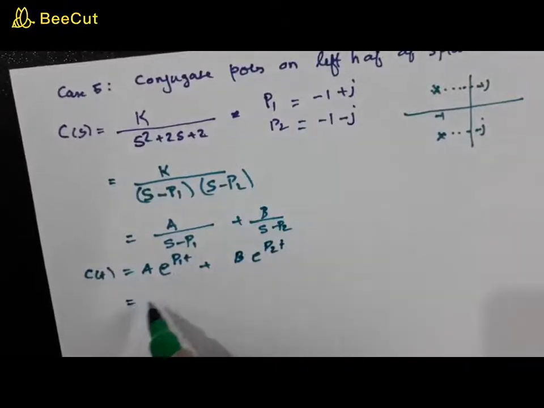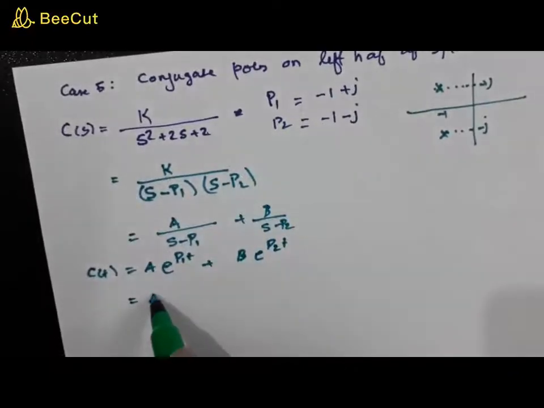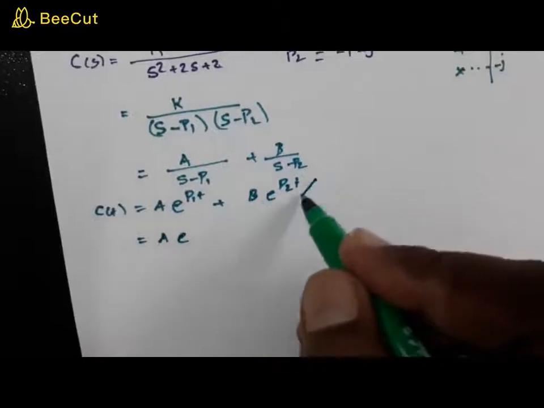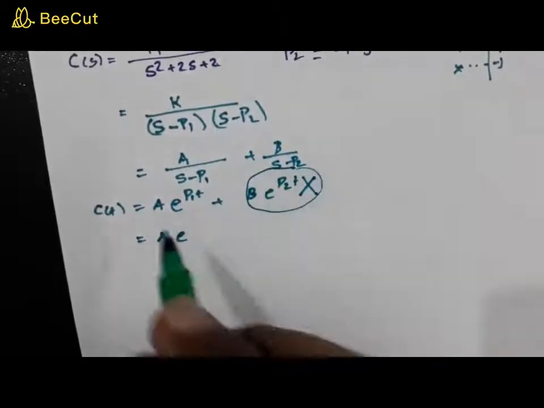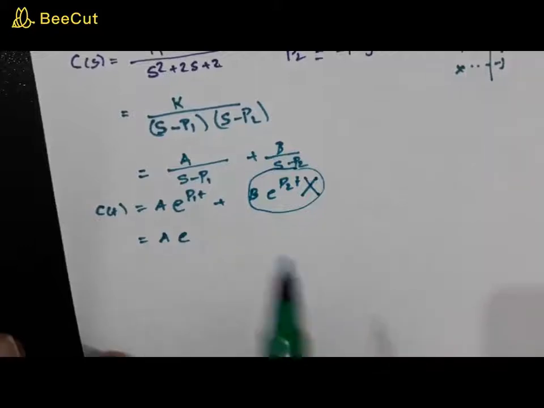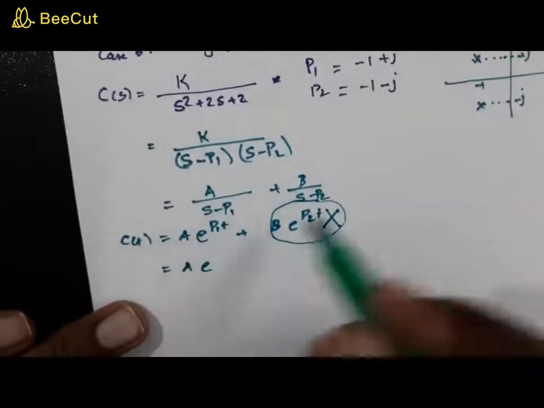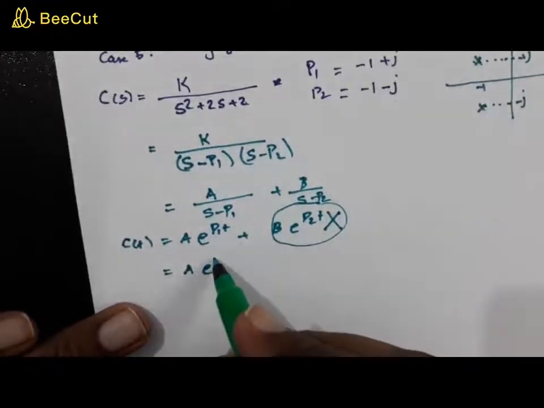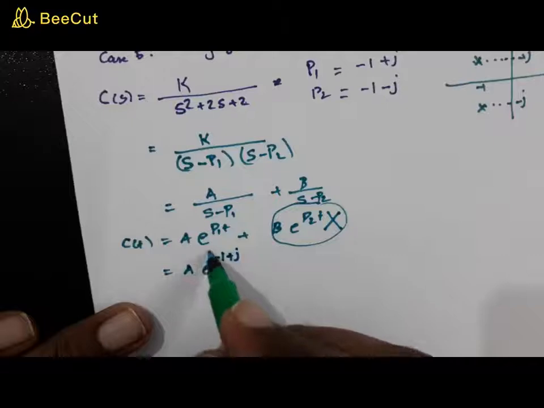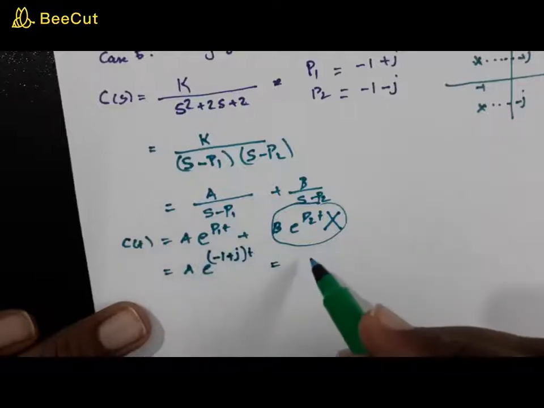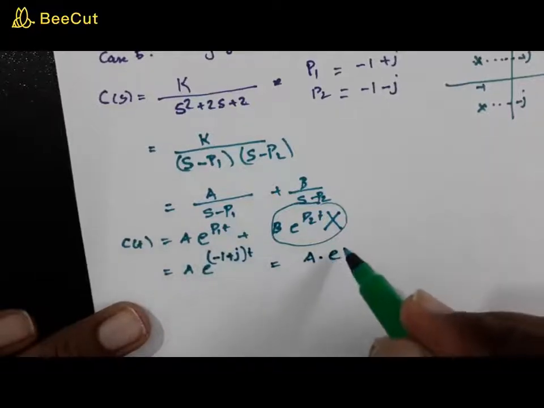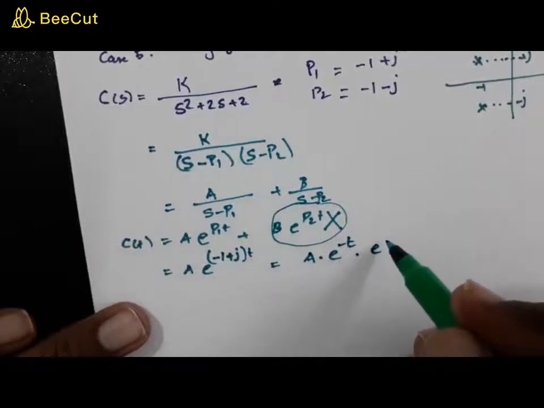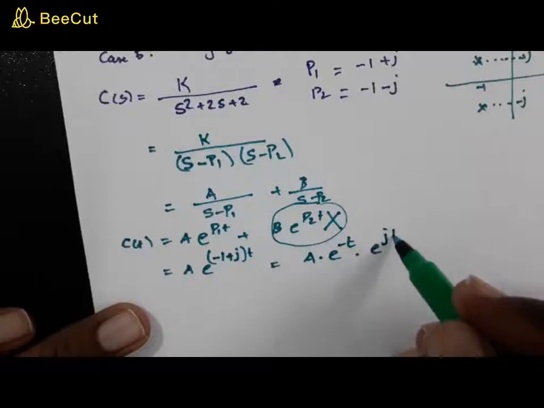Now substituting, what is p1 here? For the sake of explanation I'm just ignoring the other term; I just want to make a point clear. I'm simply substituting minus 1 plus j into t, so you can write this as a into e raised to minus t into e raised to jt.